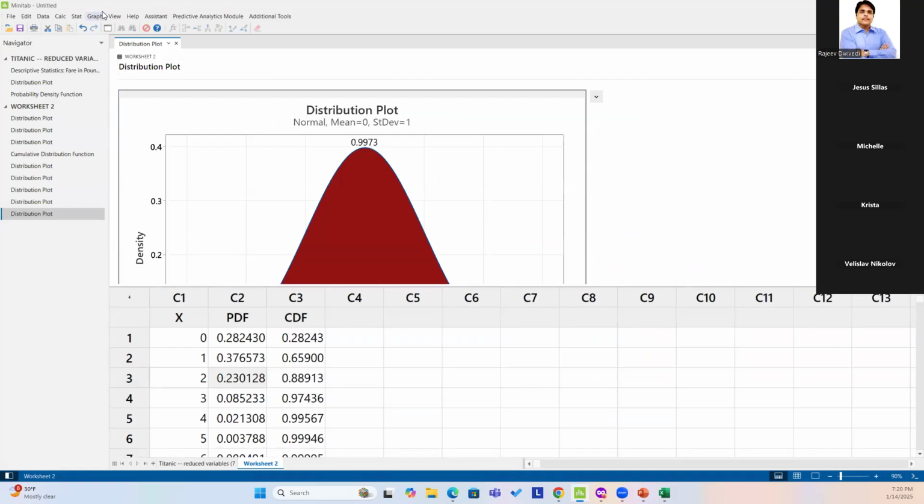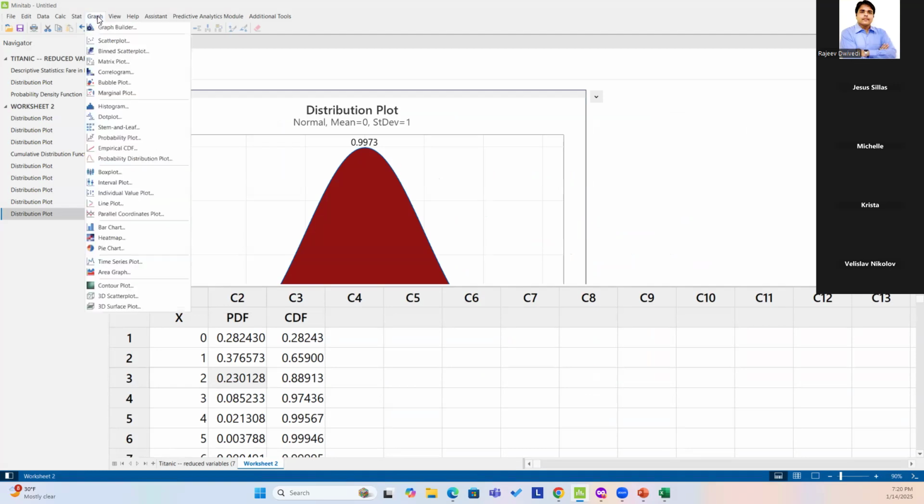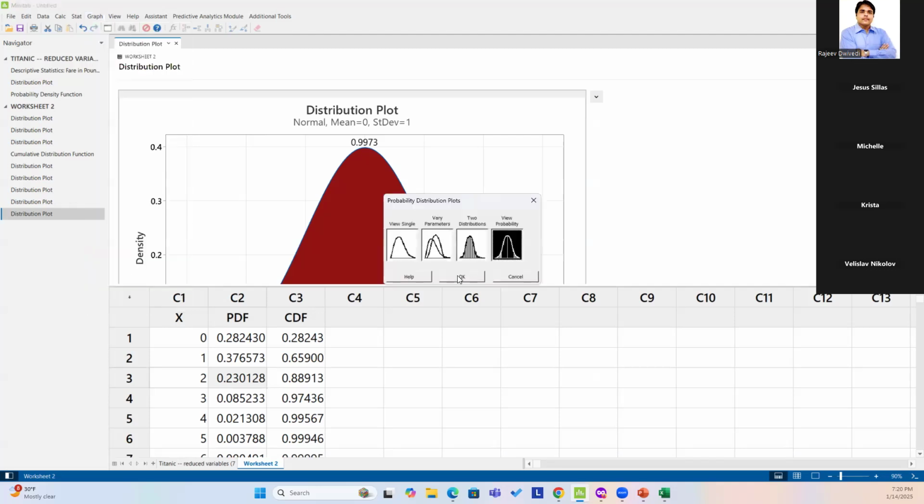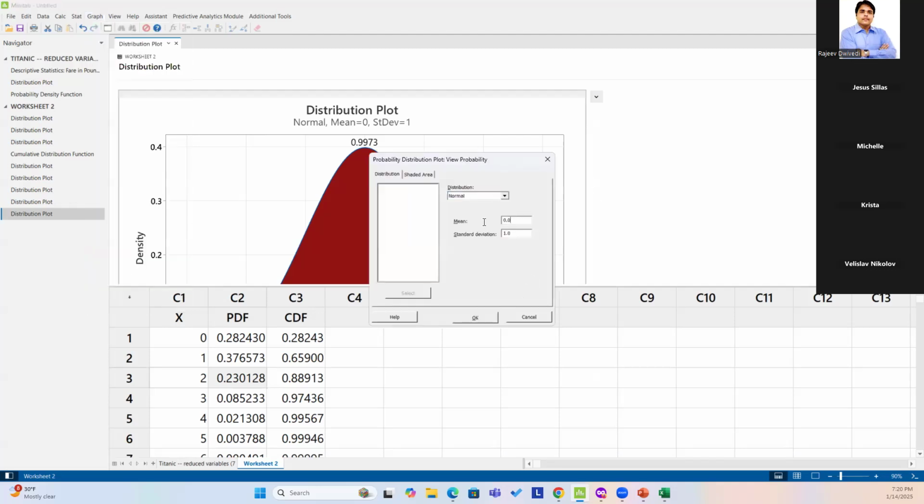In the past, if I see the past 510 section, the average score in this class is 90. So I go and graph the probability distribution. Average is 90 with a standard deviation of 5.